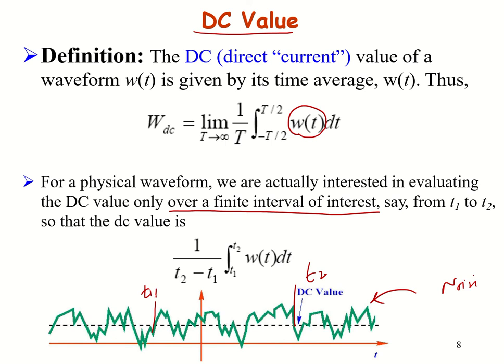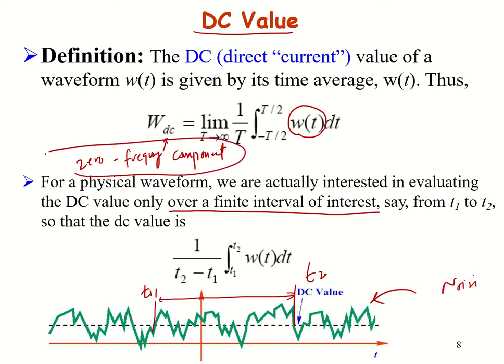DC value means basically the zero frequency component in the spectrum of that signal. That is the DC value or average value of a signal. So by just taking the integral over one complete time period, we can calculate the DC value of a signal.